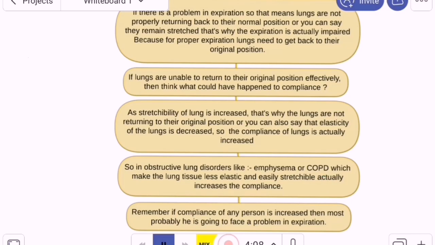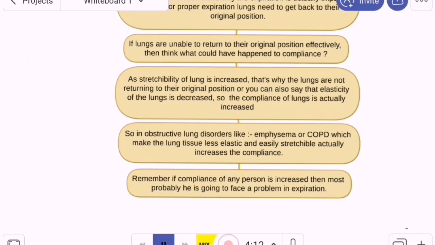Okay. And finally, at last, there is a tip for the compliance testings. Remember, if the compliance of any person is increased, then most probably he is going to face a problem in expiration. Let's take the same case. I go to the clinic, have my compliance test done, the report comes out, and the report says that my compliance for the lungs is actually increased.